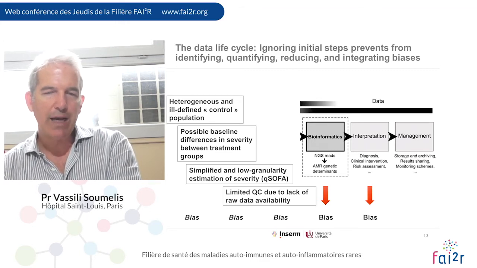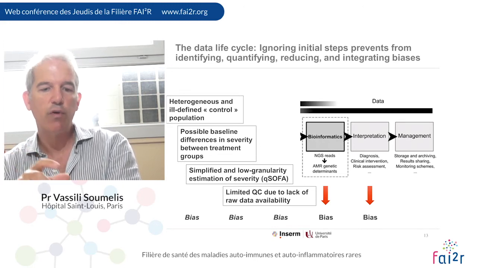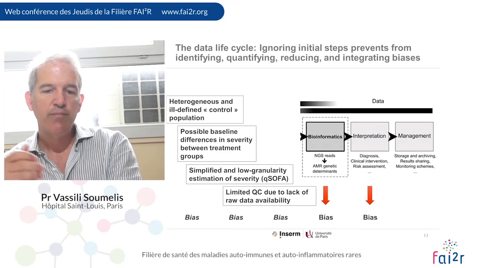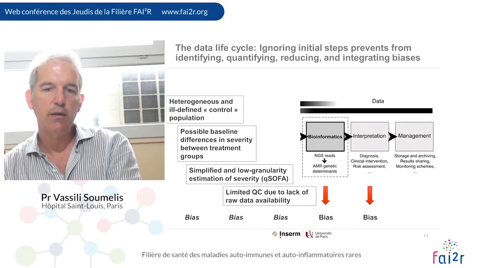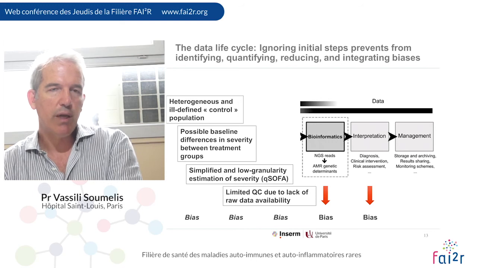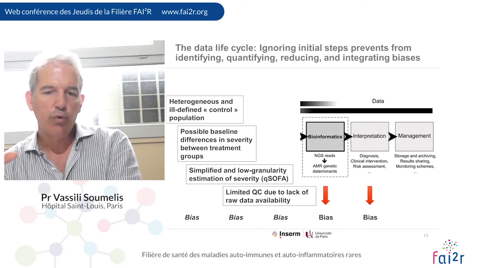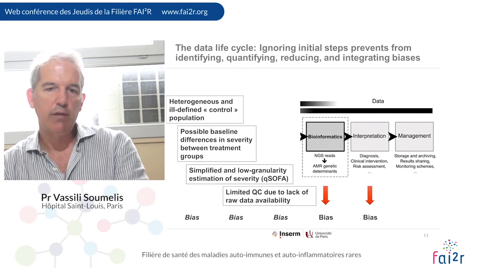And then, because of the lack of visibility and control over the early steps of data generation, even if here it's clinical data, there has been limited QC, and it is very difficult to perform quality controls on the data. That's one of the reasons that led to the retraction, because when the authors asked for access to all the raw data from the data providing company, they couldn't get access, and so they retracted the paper because they could not put sufficient confidence in its conclusions.